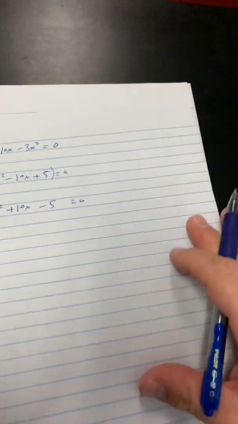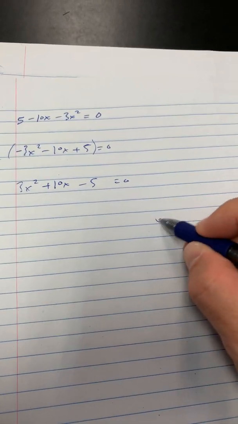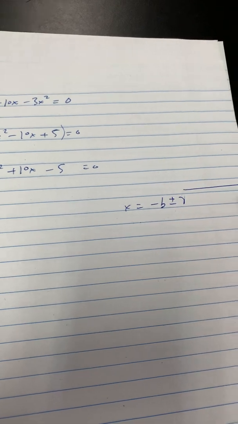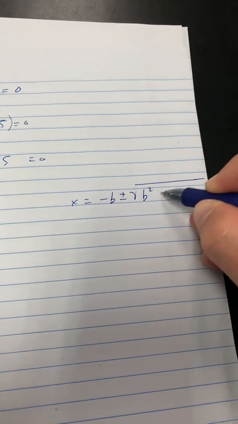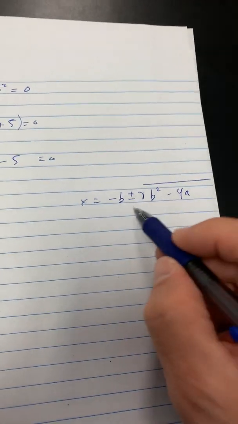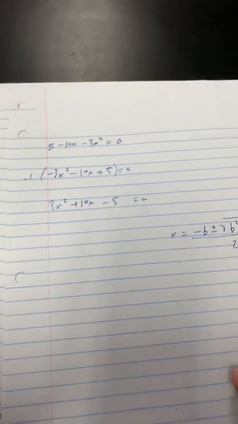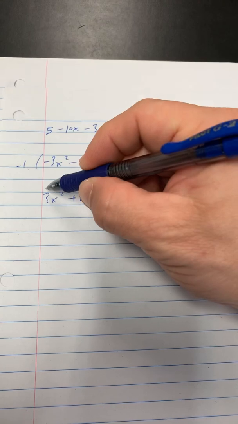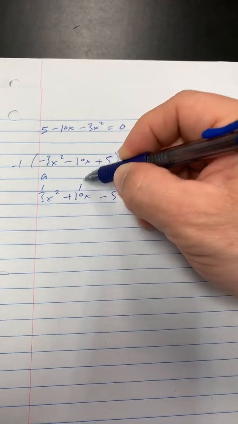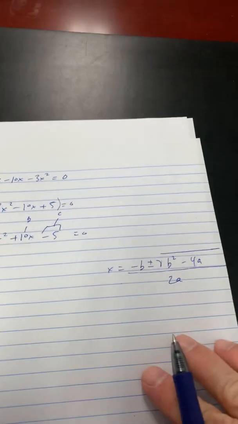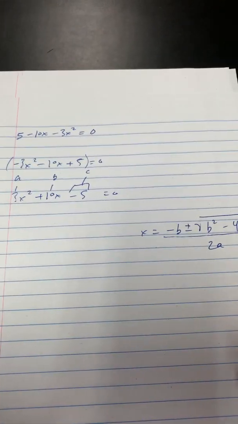Now that's x equals negative b plus or minus the square root of b squared minus 4ac all over 2a. Okay, so here's our a, b, and c. Let's see if this one turns out any better here.